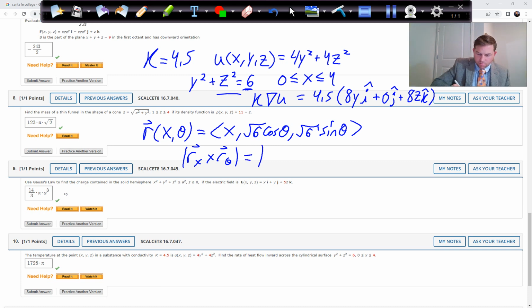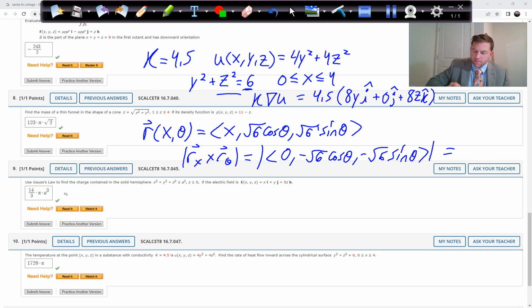So it'd be the magnitude of this vector, cross product should give you 0, negative root 6 cosine theta, negative root 6 sine theta, and when you take the magnitude of that, you're going to get root 6 cosine squared, root 6 squared sine squared, which is going to be just 6, and then you'll factor out a cosine squared plus sine squared and get 1, so this whole thing is just going to be 6.